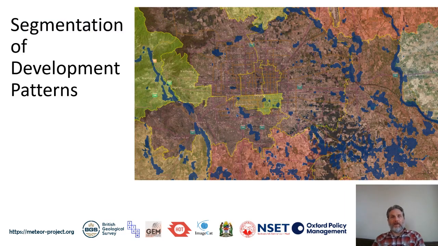So now I'll go through an example of the process of using EO for segmentation of development patterns. This is a use case for Beijing, China, where you might have data by these very large zones. That might be the finest population data that you're able to have.